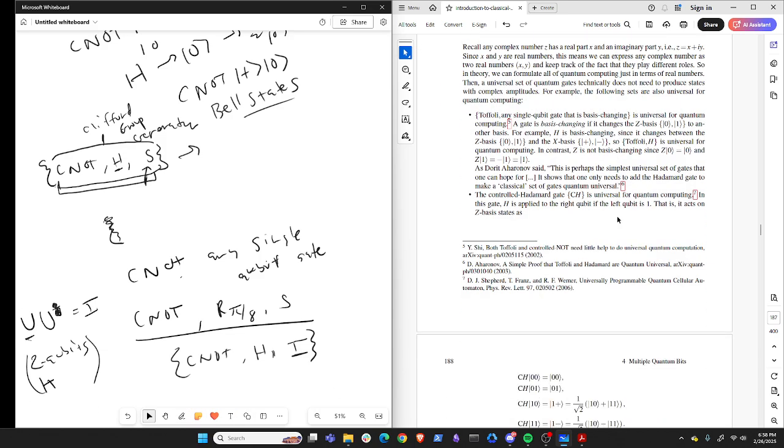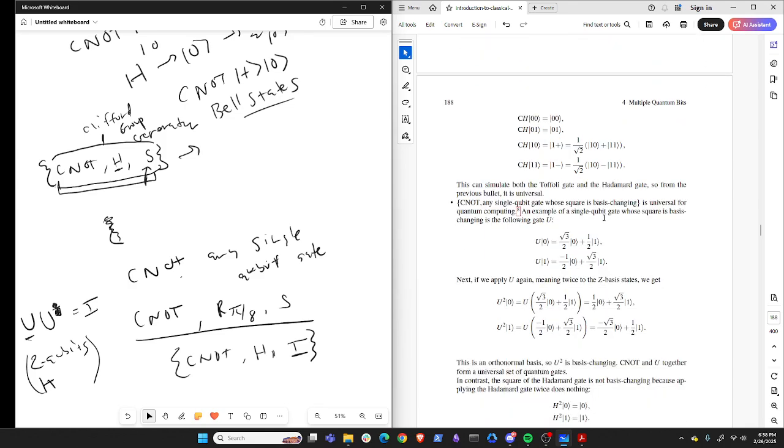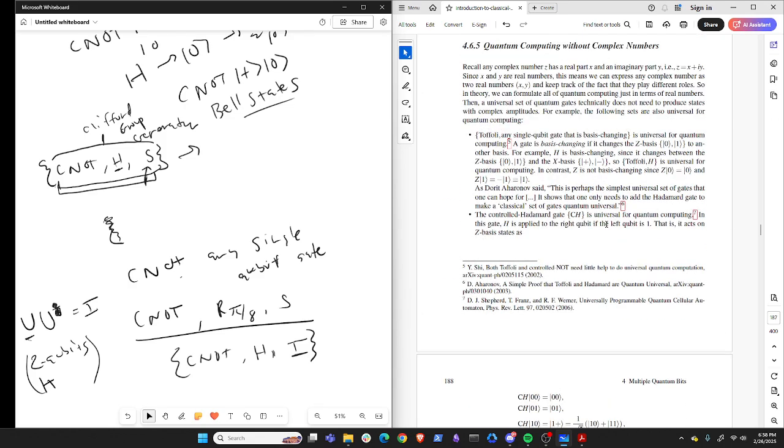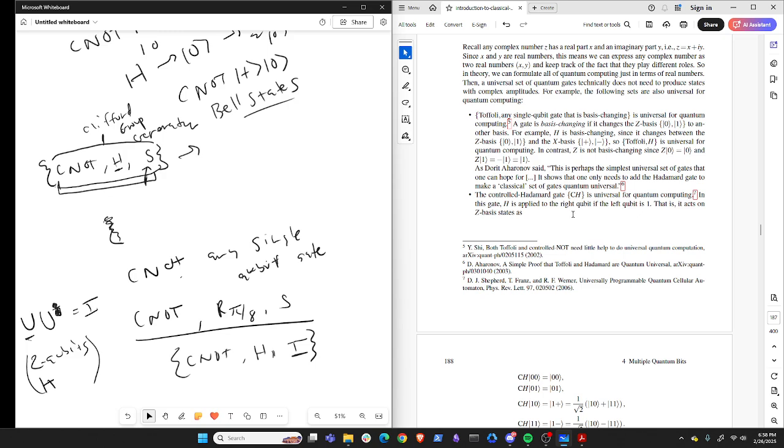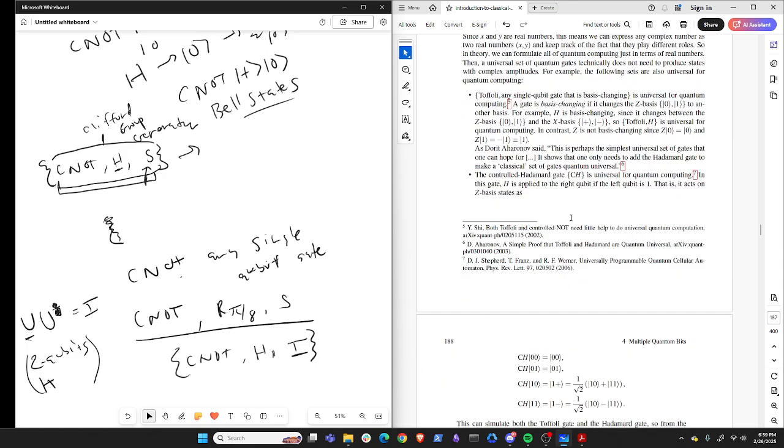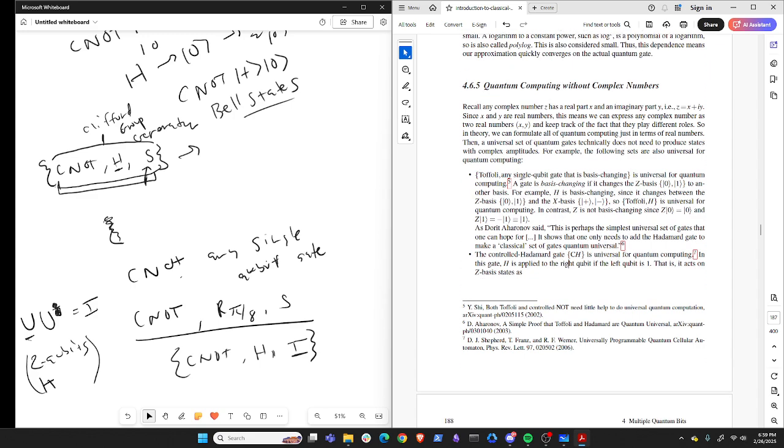Complexity without numbers. Not really sure how important this is. We really didn't discuss this at all. Controlled Hadamard, Toffoli with any.